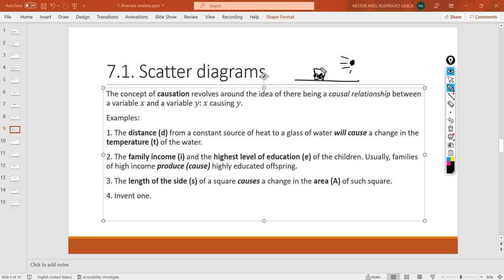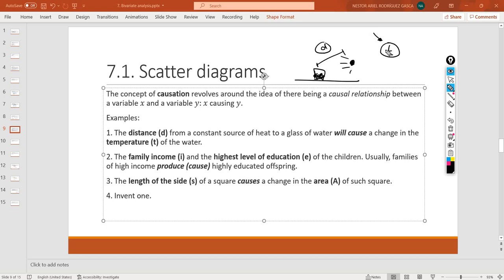Well, I can analyze the distance, d, from the heat source to the glass of water, and I can analyze also the temperature of the water. So these are my two variables, right? This is my system, and I can play with this. I can put the heat source closer or farther away from this glass of water and observe how this changes.